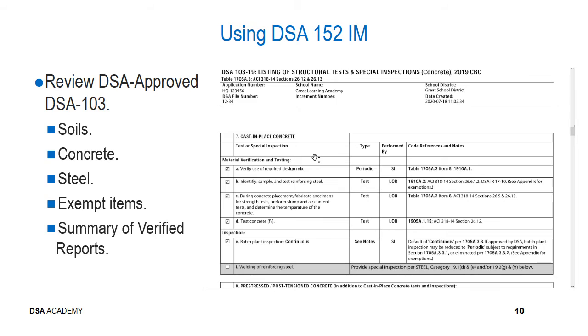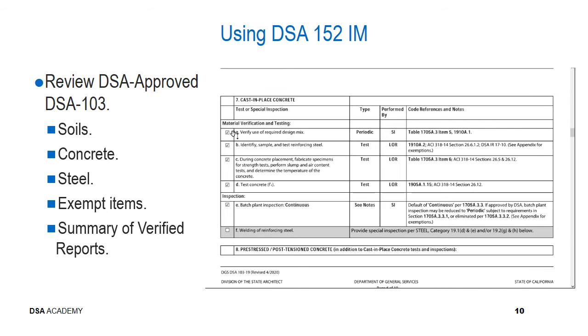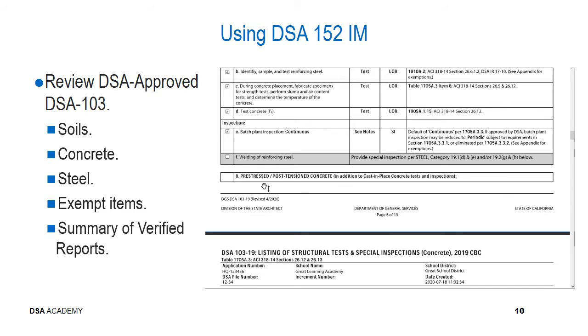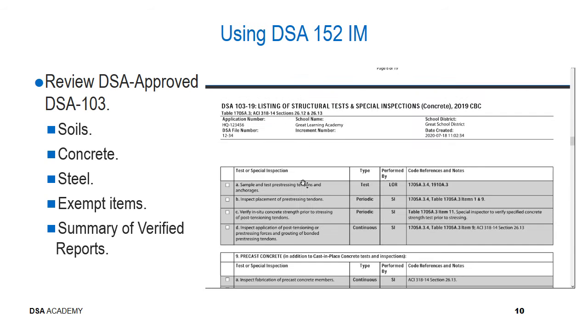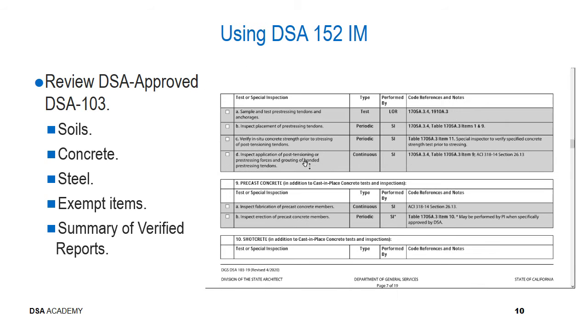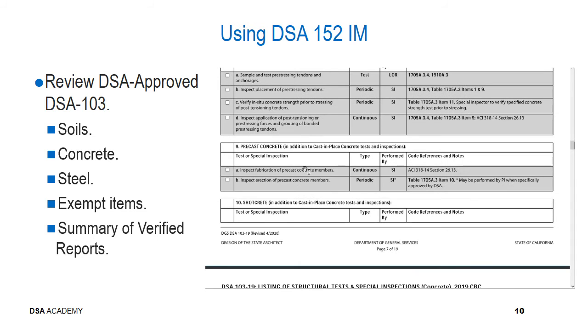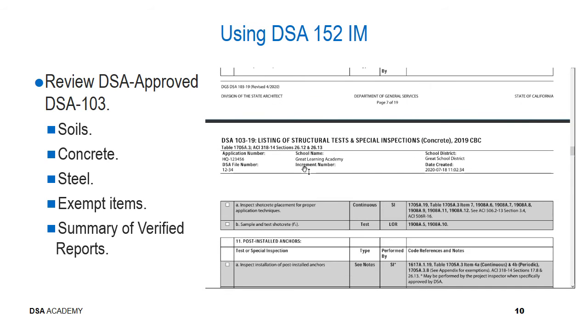Now moving on to the concrete portion, you see the items that are checked here. Whereas there's no welding of reinforcing steel, at least in this example, so there's no check and it's grayed out. There will be several sections that we're going to have to scroll through here that are not applicable to our project.